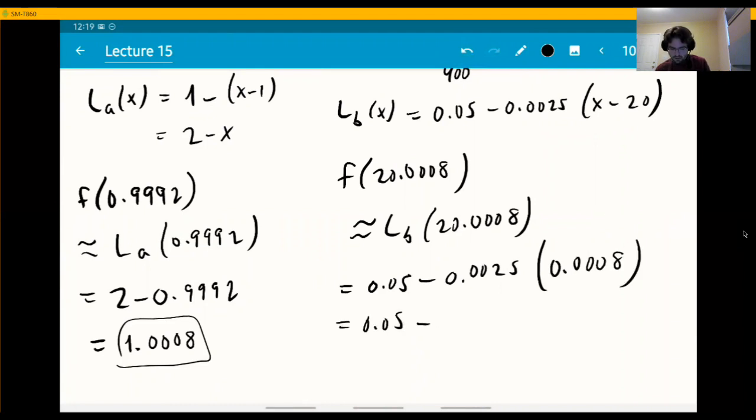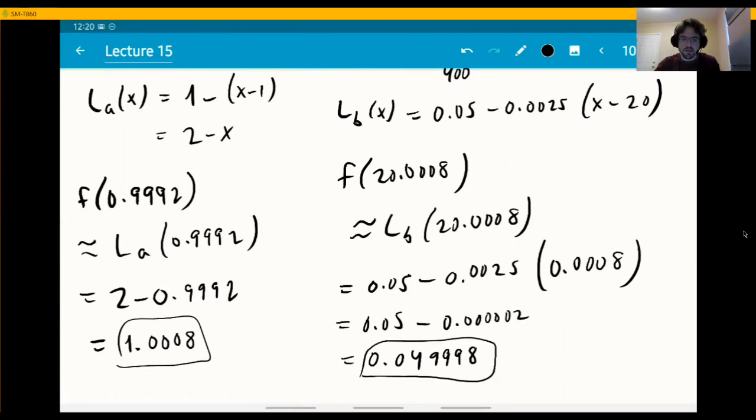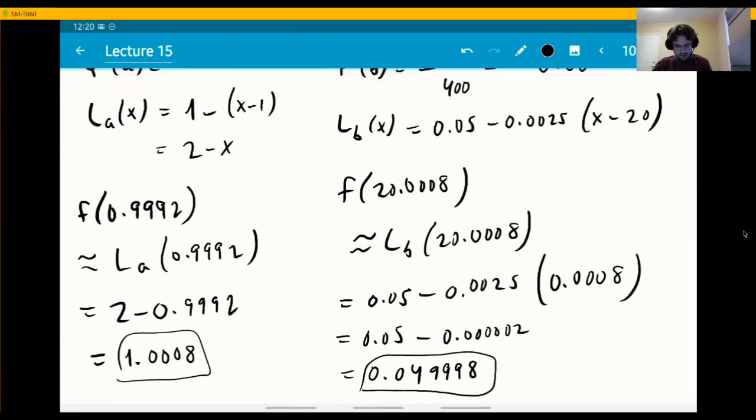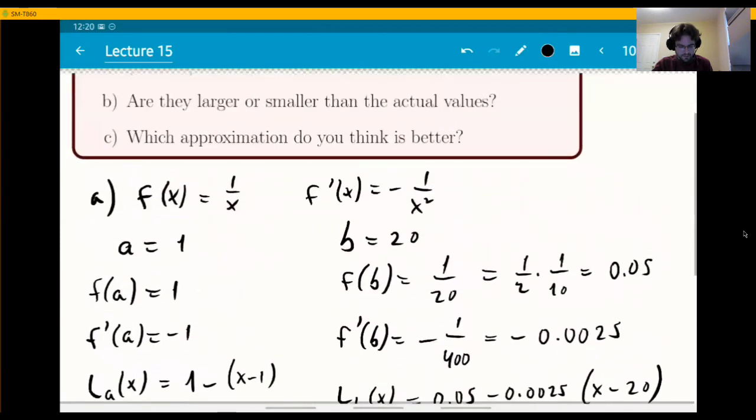So that's, I mean, a lot of zeros here. 0.00000, and then 8 times 25 is 200. So just a 2 there. So 0.040998, something like that, should be the inverse of that number given. Anyway, that's the answer to A. We can move on to B.